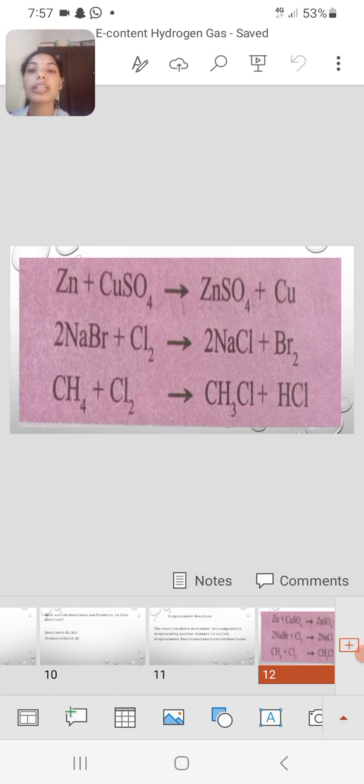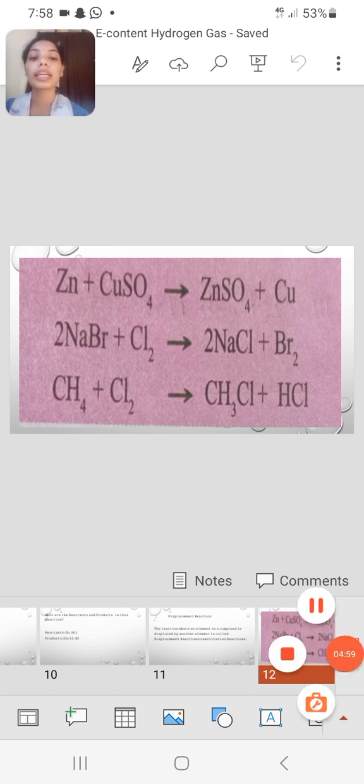Okay, can you say some other examples of displacement reaction? The examples are Zn plus CuSO4 gives ZnSO4 plus Cu, 2NaBr plus Cl2 gives 2NaCl plus Br2, CH4 plus Cl2 gives CH3Cl plus HCl.